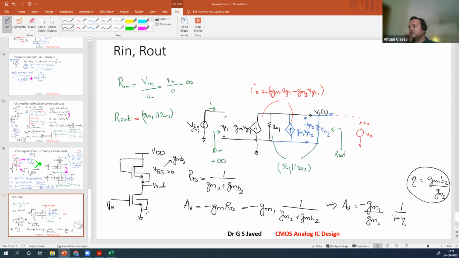So your gain is easily given as minus GM1 by GM2 times this ratio 1 over 1 plus eta. Now if eta is very small, effectively this will be same as minus GM1 over GM2. And you have to keep this small to ensure that your ID value is constant. That ensures your GM will be constant and your input-output relationship will be linear.